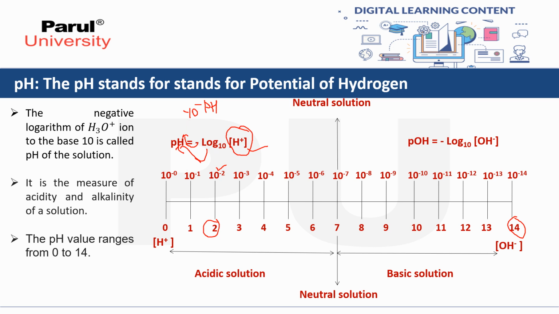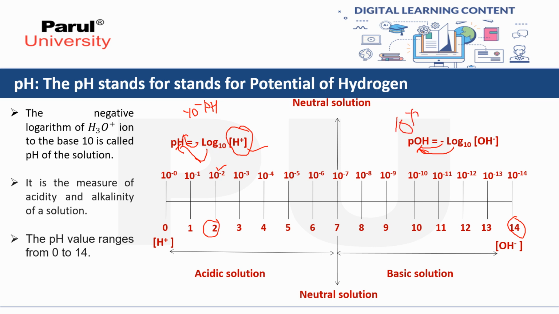Similarly, if we talk about pOH, if we shift this log to the left-hand side, what will happen? The minus sign also, it will be 10 to the power minus pOH.